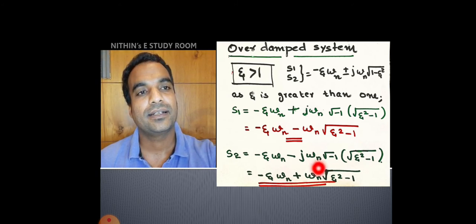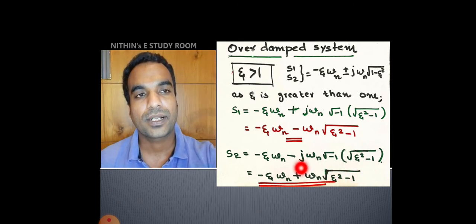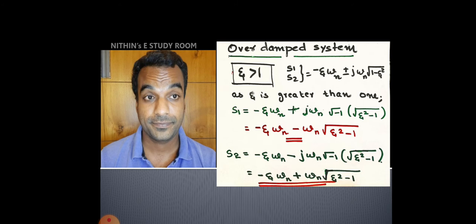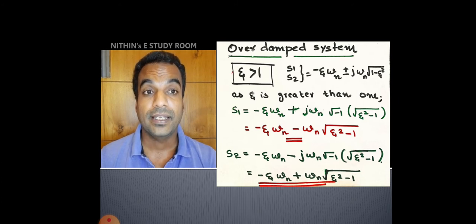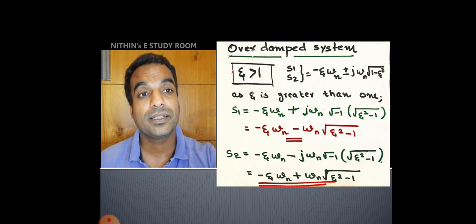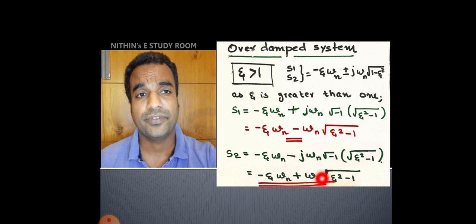The second term is minus eta omega n plus omega n root eta square minus 1. This term will become more and more dominating as eta is increased, because we are multiplying that also with omega n, and here we are multiplying just eta with omega n. So the positive term becomes more significant.